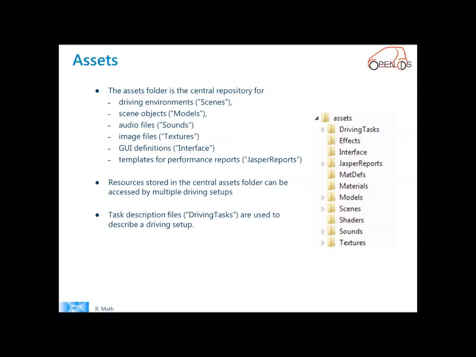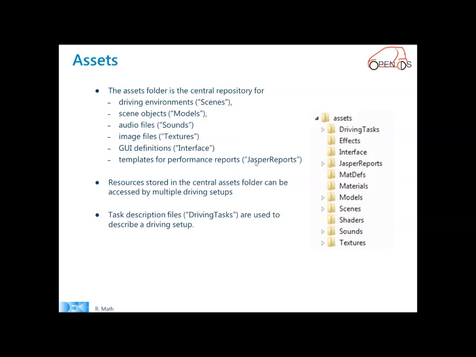Sounds is self-explanatory. Store there some audio files if needed. You can also store custom files that you want to play back while driving. We have a folder for textures. The interface folder, where we have definitions of how our graphical user interfaces look like. For example, as we started the simulator 5 minutes ago, there was this driving task selection graphical user interface, and this is also structured as an XML description of how this interface looks like, and this is stored in the interface folder.